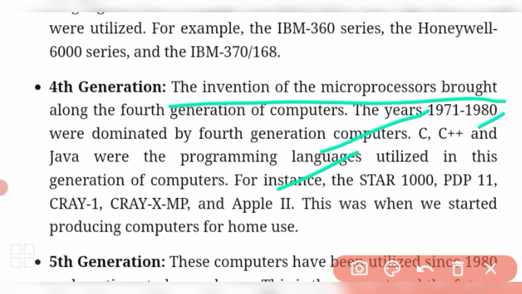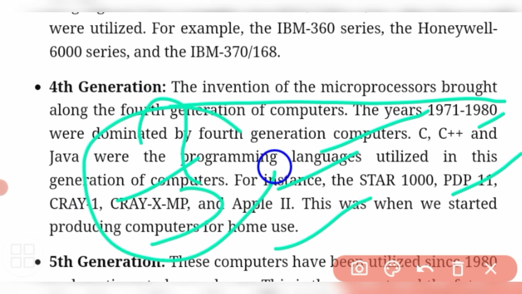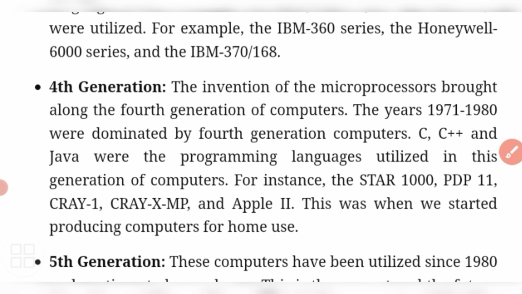For instance, the Star 1000, PDP-11, Cray-1, Cray-XMP and Apple II. This was when we started producing computers for home use. Until the third generation, computers were designed just for research, for universities and for defense. But in the fourth generation, computers became cheap and affordable enough that everyone could use them at home.